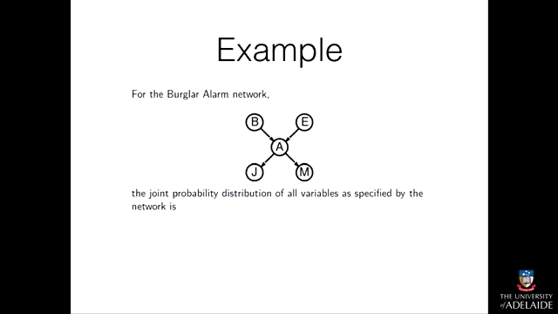What is the joint probability? How could we write the joint probability based on this Bayesian network? Anybody have a try? Any idea?